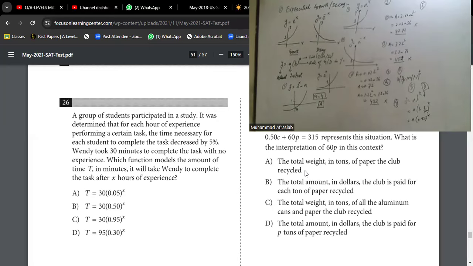So for this, the time is equal to a into b power x.